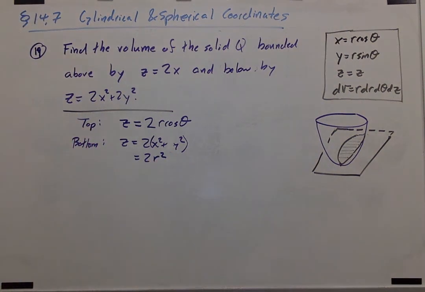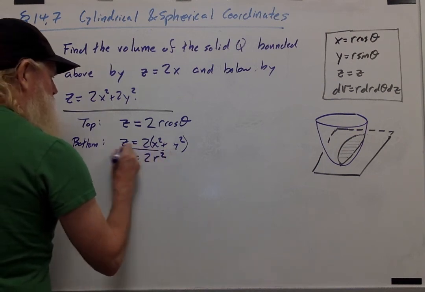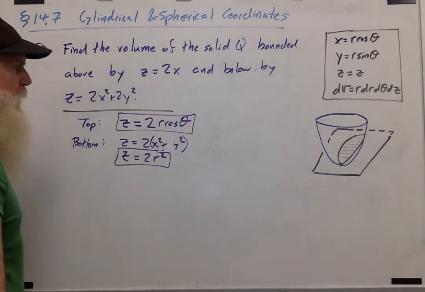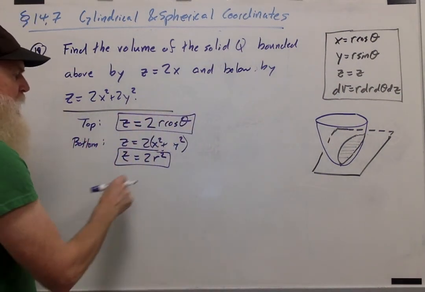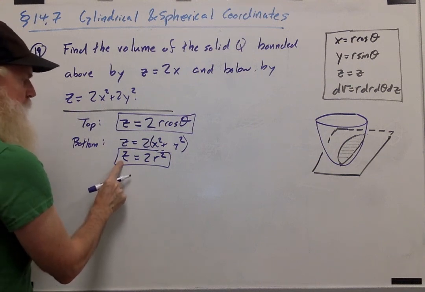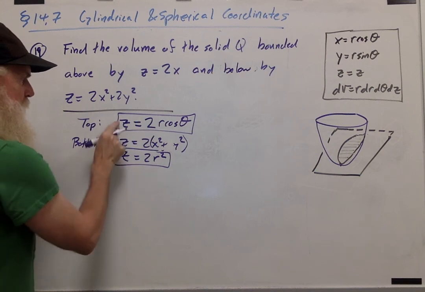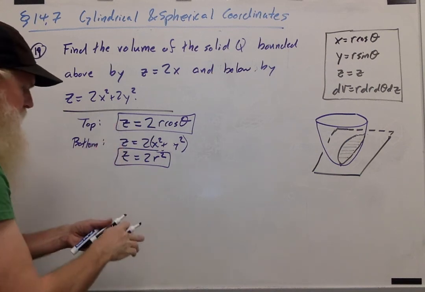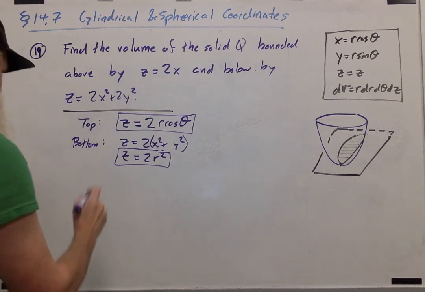So in polar coordinates, the equation for the paraboloid is z equals 2r squared. So that suggests when I set up my bounds, I would like to put dz on the inside, and then I can integrate from the bottom surface, which is z equals 2r squared, to the top surface, which is z equals 2r cosine theta. So let's actually start setting up the bounds.